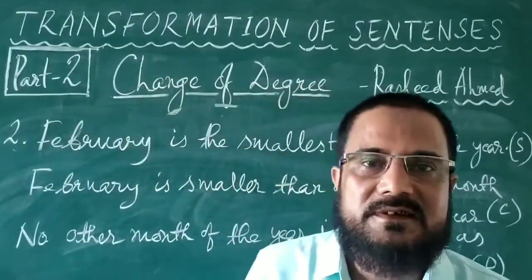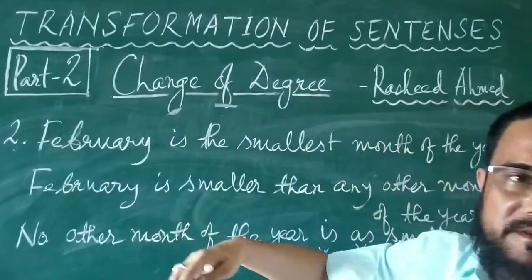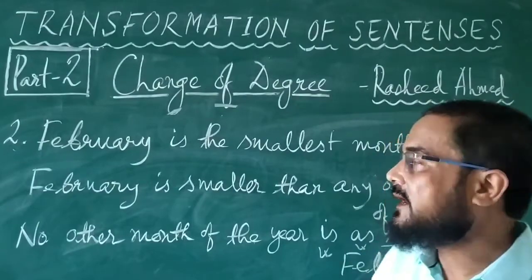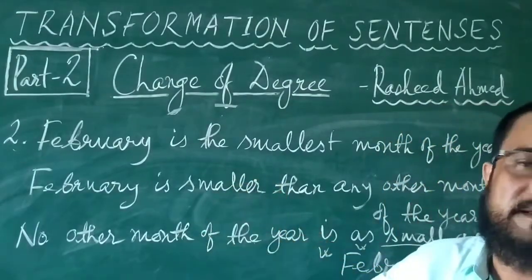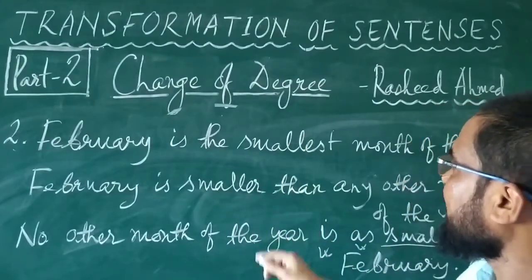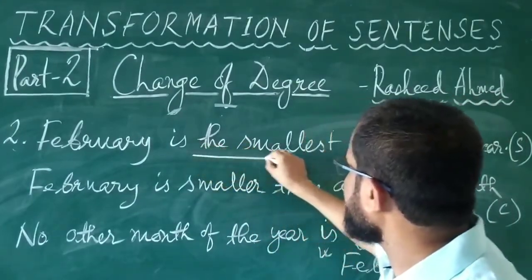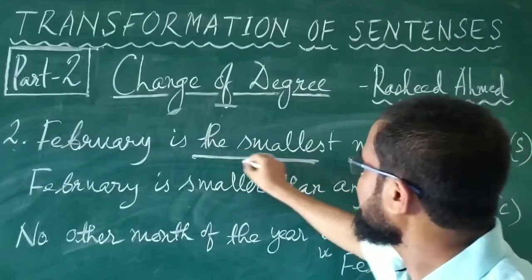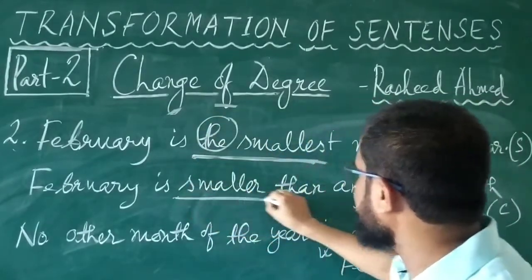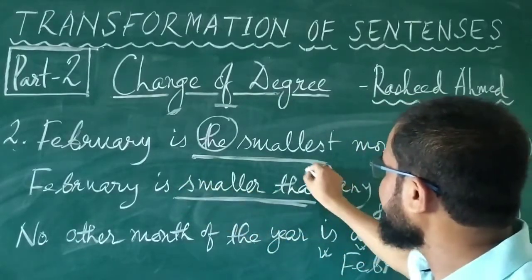These three sentences and the earlier three sentences in question number 1 all belong to the same category, and this is how we change their degree. And you have to write these things in your copy. You have to underline words like the smallest. Before smallest there is "the". You have to underline smaller than. After smaller there is "than".